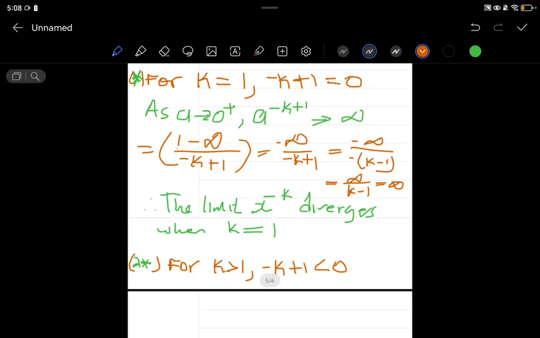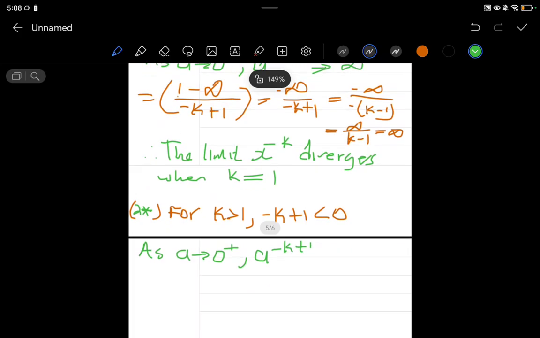So now we're done checking k. Now we check a. We say as a approaches 0 from the positive, what will a to the minus k plus 1 approach? First we must ask ourselves, what is minus k plus 1?